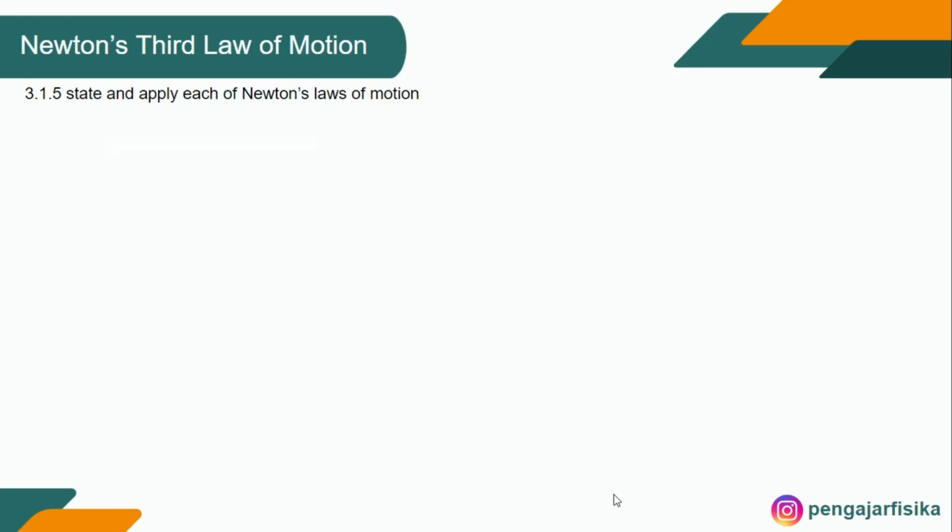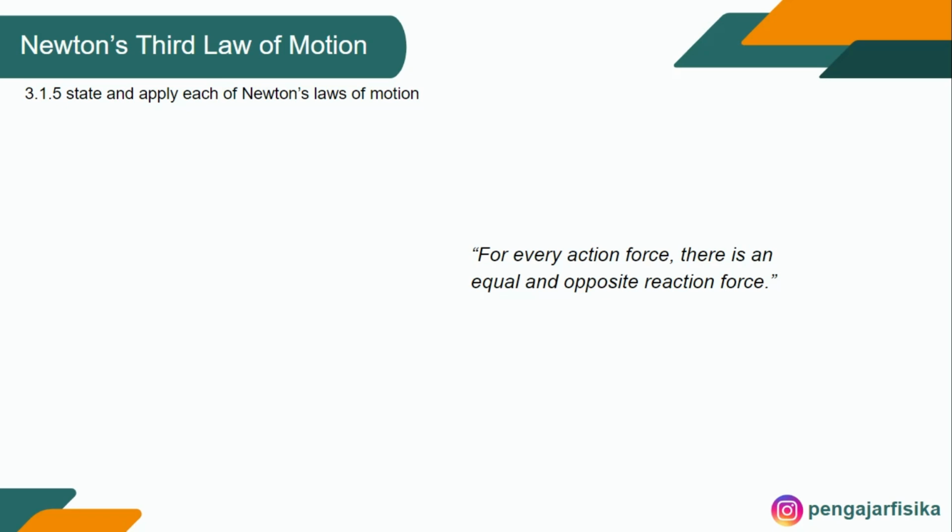Our fifth learning objective is to state and apply each of Newton's laws of motion. We have discussed the first and the second law. Here we are only focusing on the third law. Newton's third law states, for every action force, there is an equal and opposite reaction force.